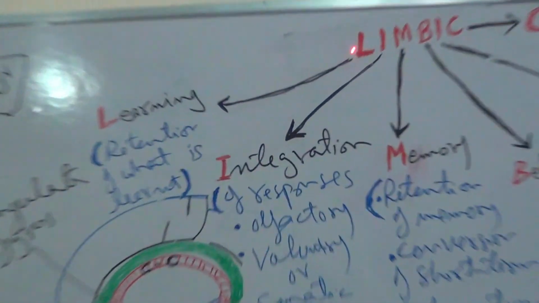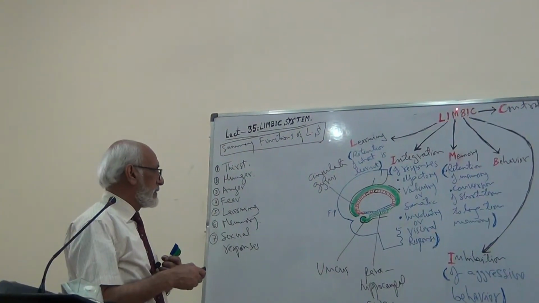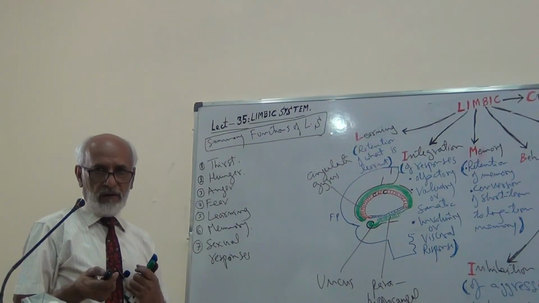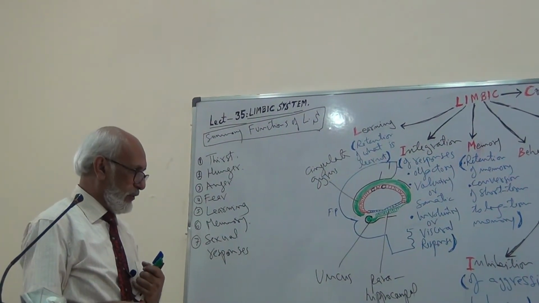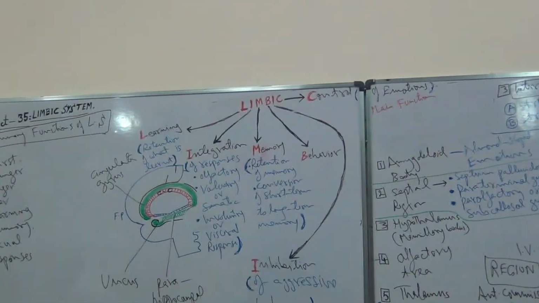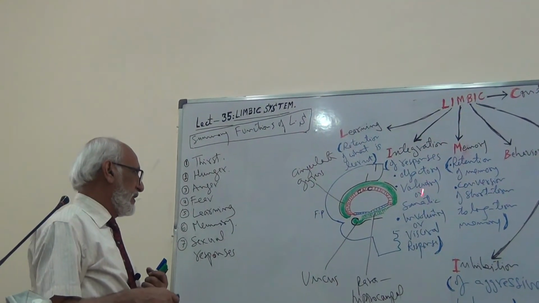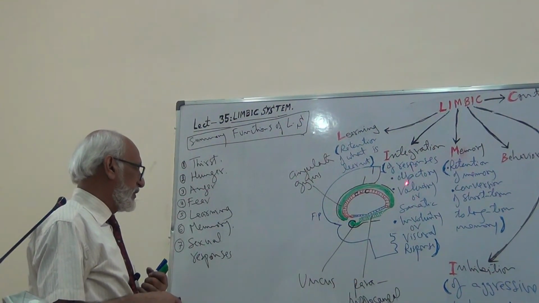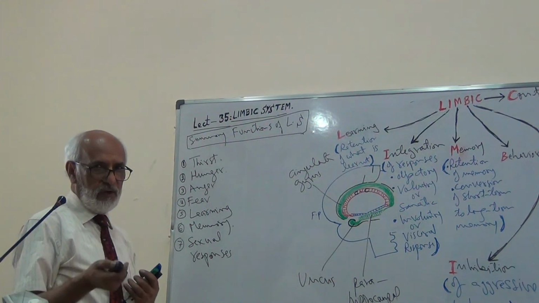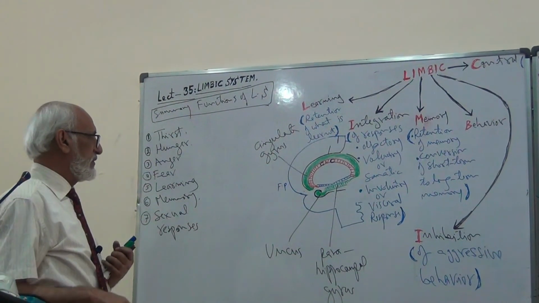L for learning, what is learned is retained. Then there is integration of different responses. Olfactory, as I told you, the olfactory area has an important connection with the limbic system in animals, but to some extent in the human. But still it has some responses: olfactory responses, voluntary or somatic responses, involuntary or autonomic responses or visceral responses.